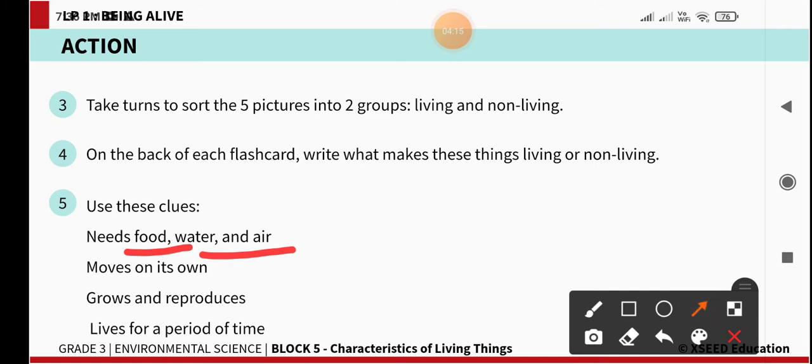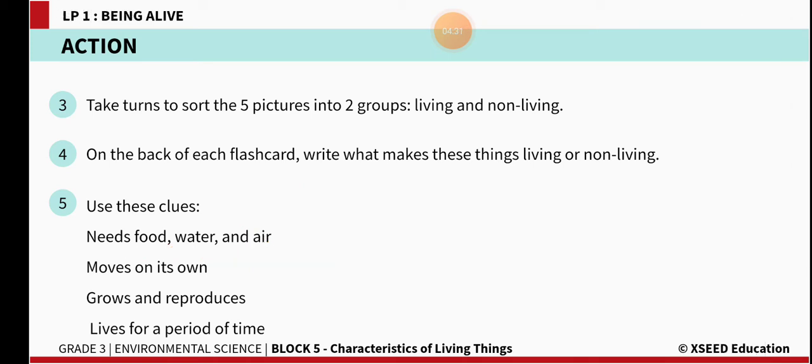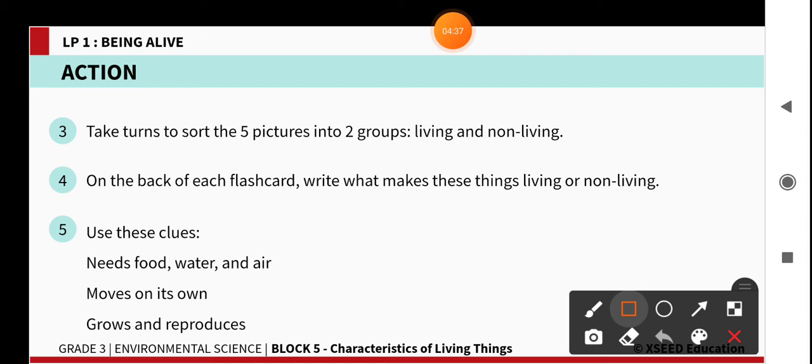So we need air. Air is very, very important for us. We cannot live without air for a second, or even for a minute. We need air for breathing all the time.